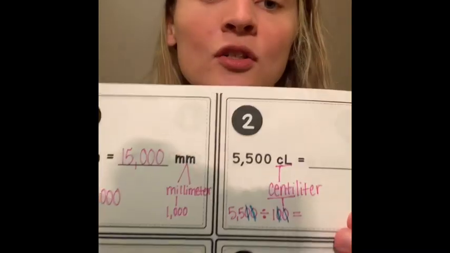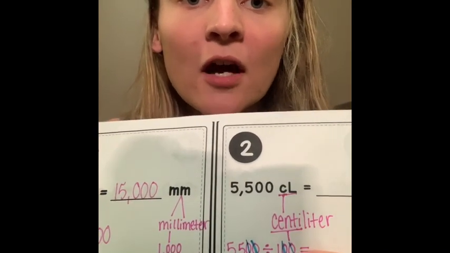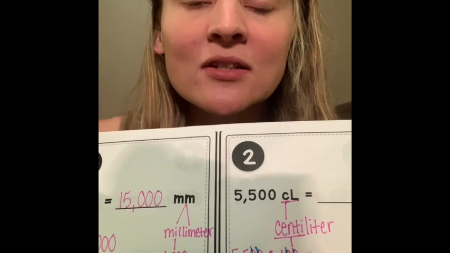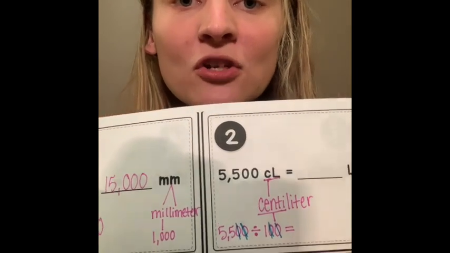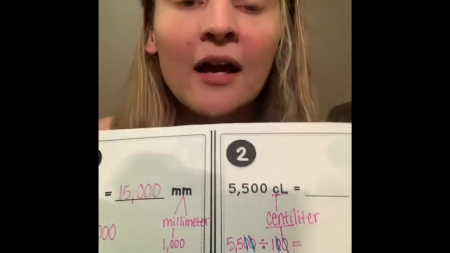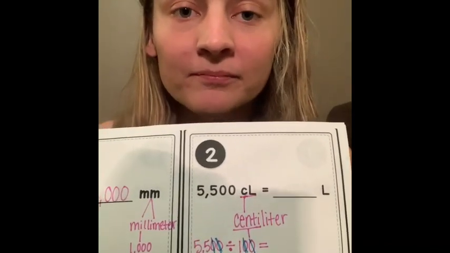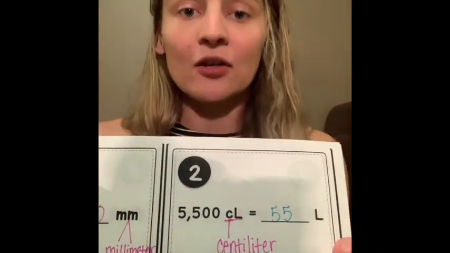Let's go ahead and mark those out. So I did that because there are 2 zeros in 100 and 2 zeros in 5,500. When there are zeros like that, they cancel each other out. So now we look at our division problem and we have 55 divided by 1. And what is 55 divided by 1? 55. So 5,500 centiliters is 55 liters.